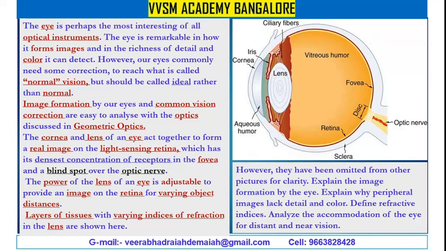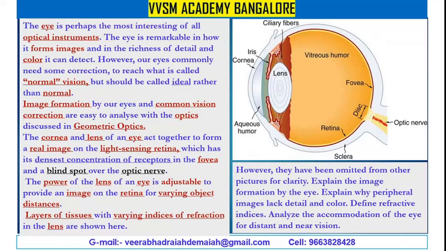Image formation by our eyes and common vision correction are easy to analyze with the optics discussed in geometric optics. The cornea and lens of an eye act together to form a real image on the light-sensing retina, which has the densest concentration of receptors in the fovea, and a blind spot over the optic nerve.